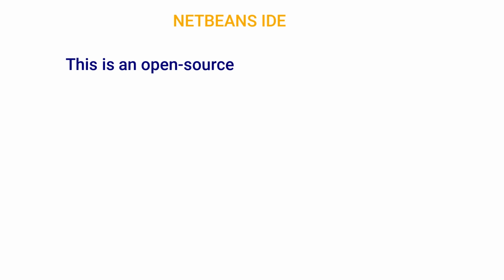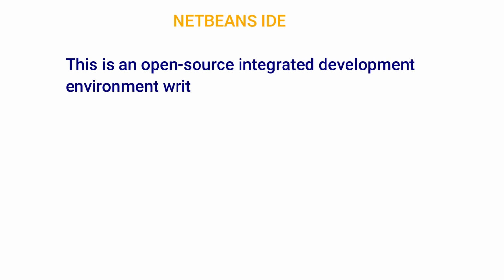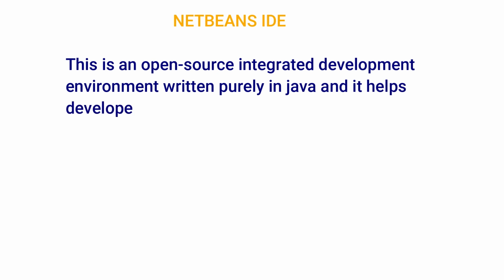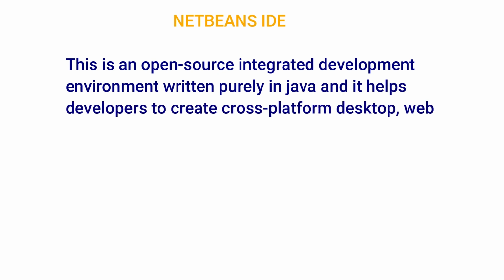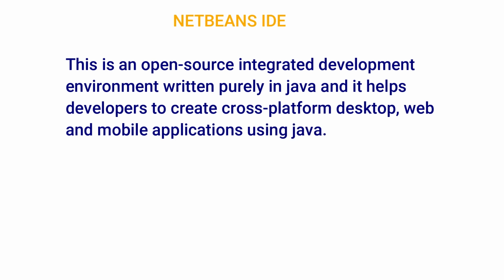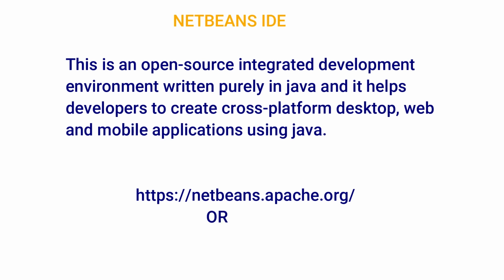This is an open source integrated development environment written purely in Java, meaning that NetBeans was written in Java, and it helps developers to create cross-platform desktop, web, and mobile applications using Java. An IDE stands for integrated development environment. It's an environment that will enable you to develop applications, especially in Java, and other programming languages too, not only Java. So that is NetBeans IDE, guys.